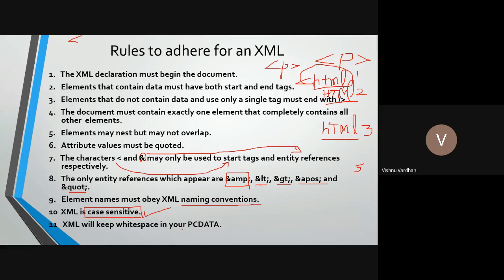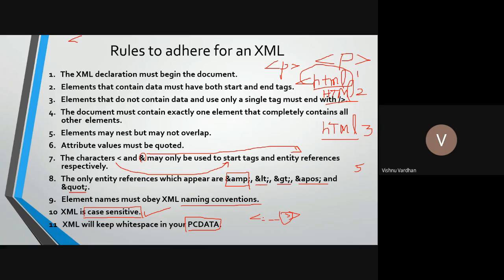Then, XML will keep white space in your PCDATA. Only in the PCDATA will it preserve the white spaces. What about the element name? We have already discussed that in the starting tag and ending tag there should not be any space, not even immediately after the start or at the end of the name.